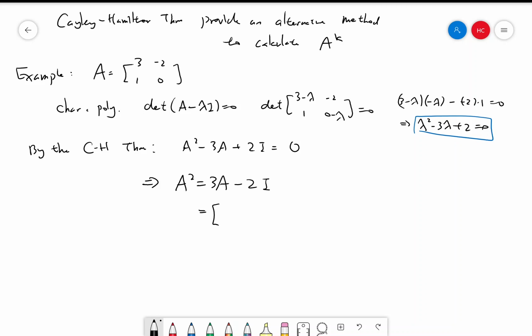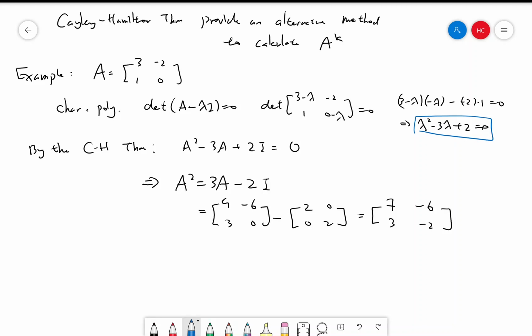We don't really need to do any matrix multiplication. 3A is 9, negative 6, 3, 0. 2I is 2, 0, 0, 2. So this gives you 7, negative 6, 3, negative 2. Here we calculated A squared without using matrix multiplication.